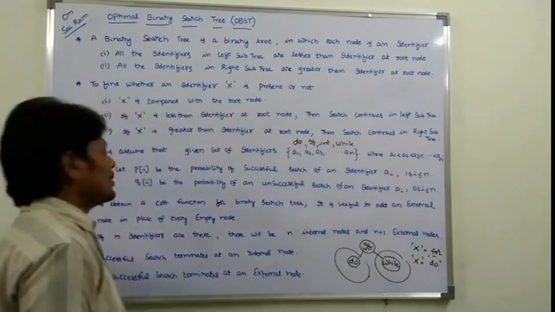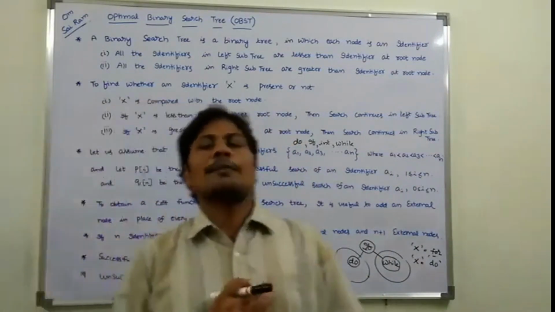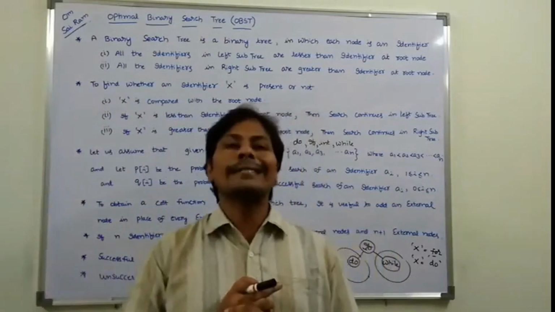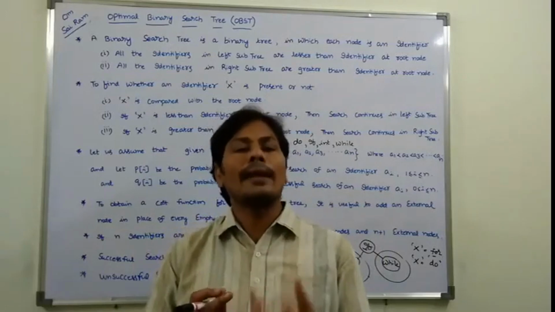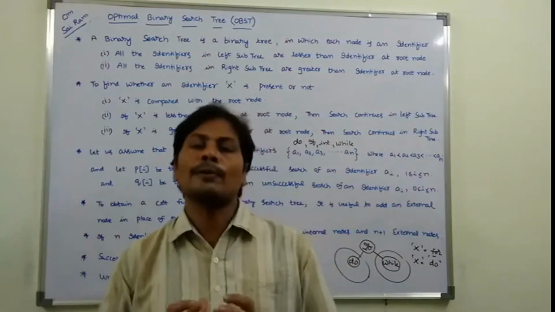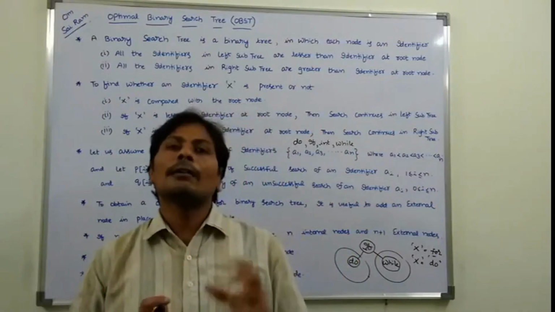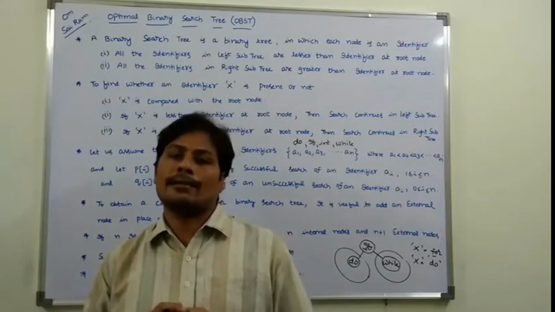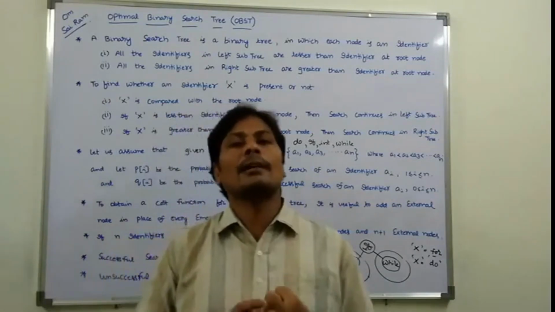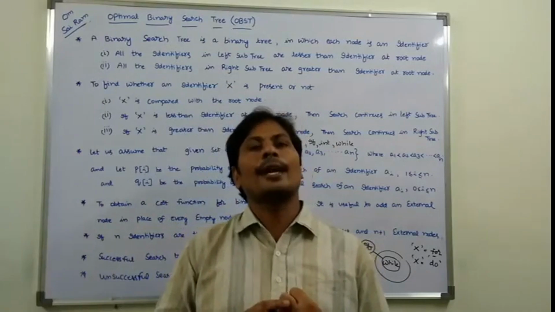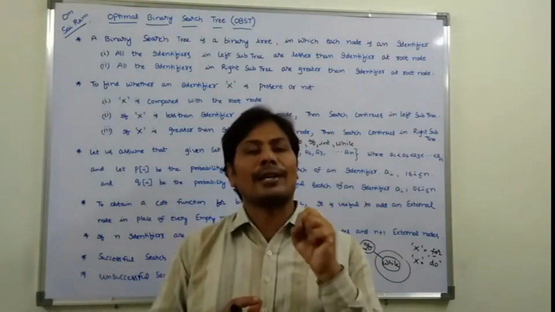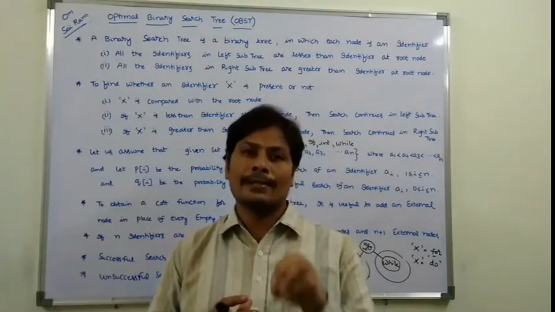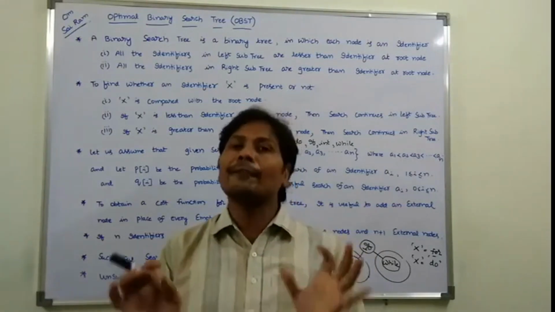Next, to obtain the cost function, we have to insert the imaginary node or external node in the binary search tree. Suppose we want to find out the cost of the binary search tree. While evaluating the cost of the binary search tree, we have to insert imaginary nodes or external nodes in the binary search tree at the leaf node.